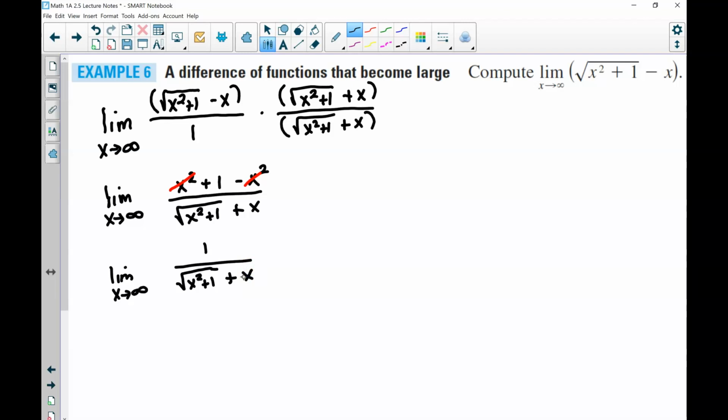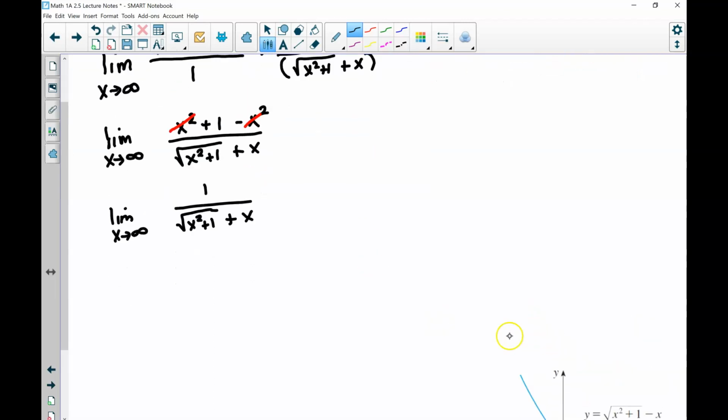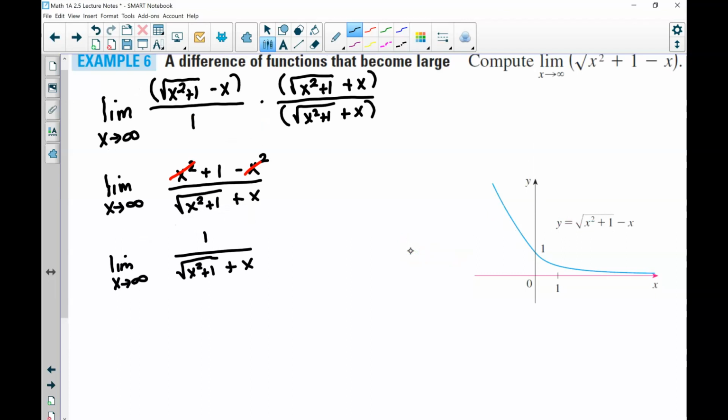Okay, now we'll be able to see here what's happening with this graph. But what we can do is we can also use possibly the squeeze theorem. So what do we know?